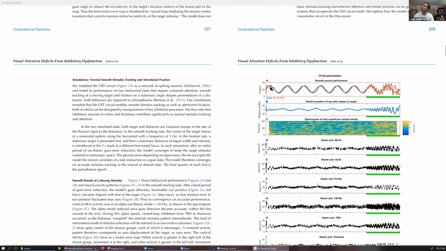I have in blue the target moving back and forth, a one-dimensional sinusoidal target, and the red is the model's eye, which is driven by an error map: whenever the stimulus is a little bit to the left, compensate. That's basically the classic cybernetic control, where you use errors to control something.